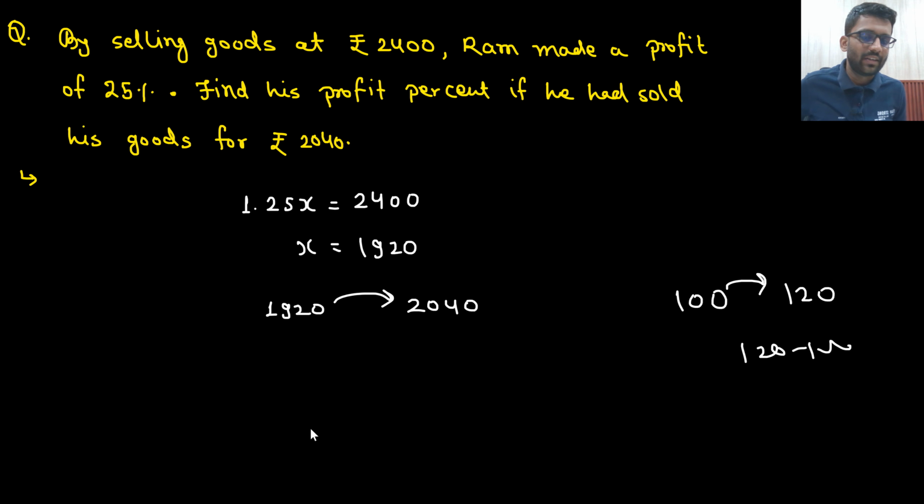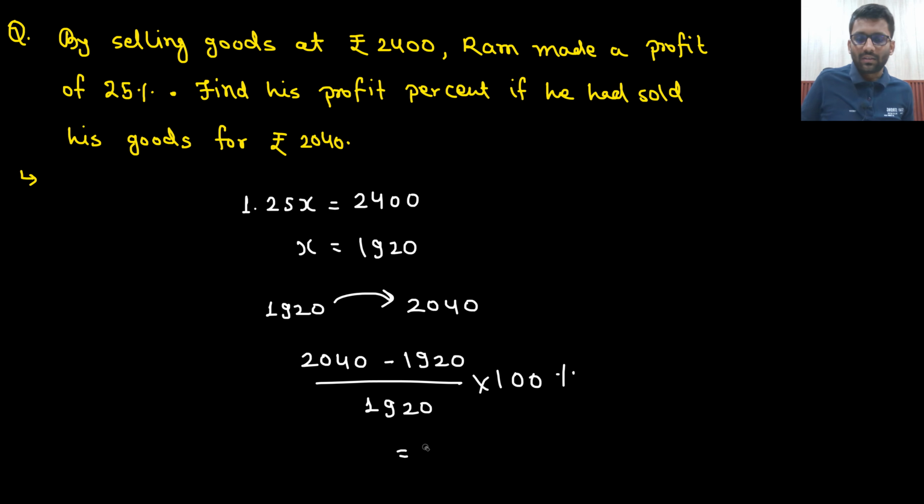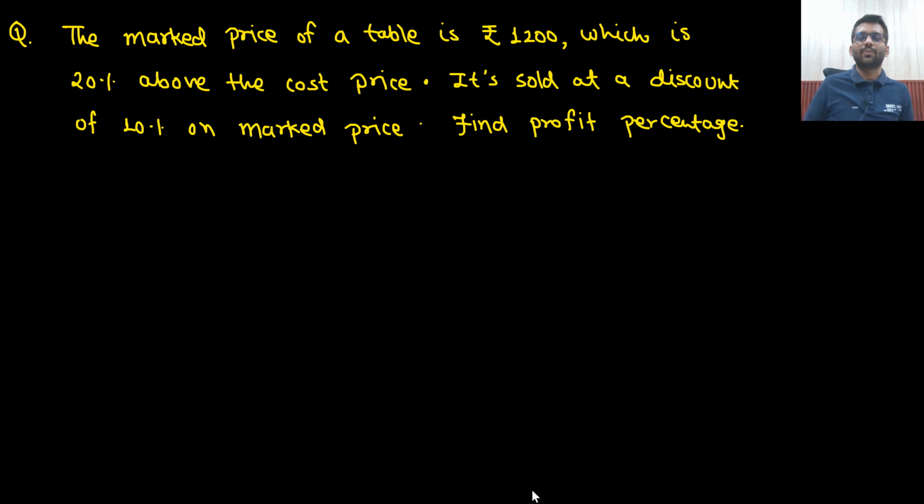So it is selling price minus cost price divided by cost price into 100%: 2040 minus 1920 divided by 1920 into 100%. That's 120 divided by 1920 into 100, which is 6.25%. Let's move to the next problem.